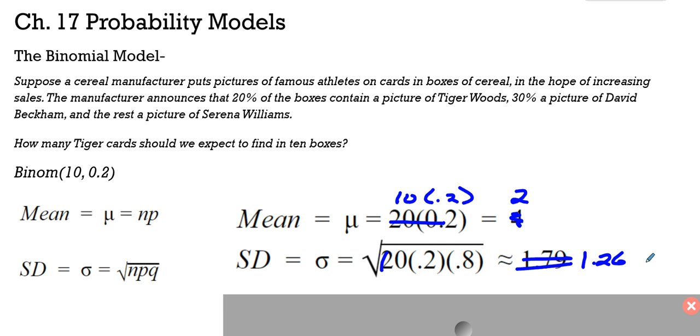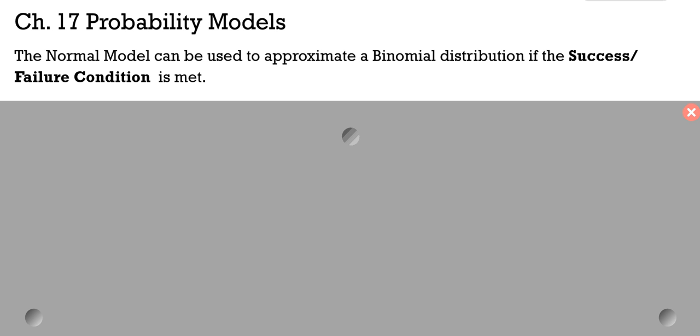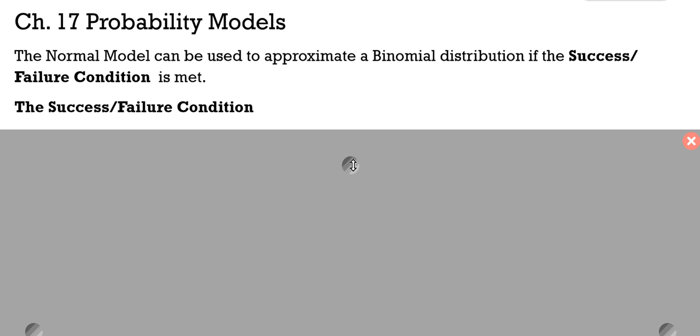Now, why would we care about the mean and standard deviation? The normal model can be used to approximate the binomial distribution if the success/failure condition is met, and this is one that is going to keep coming back around. So you want this one to make sense. You want to understand this one. The success/failure condition is pretty straightforward.